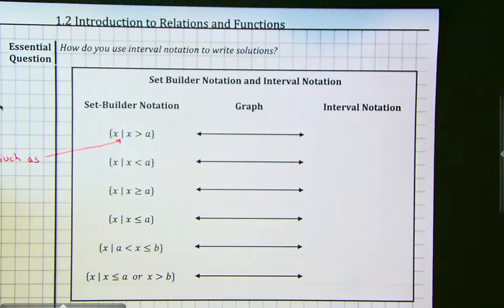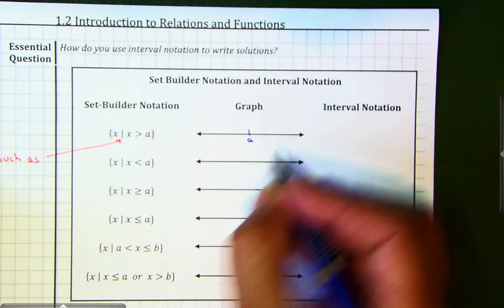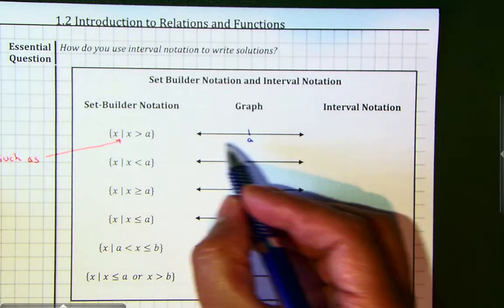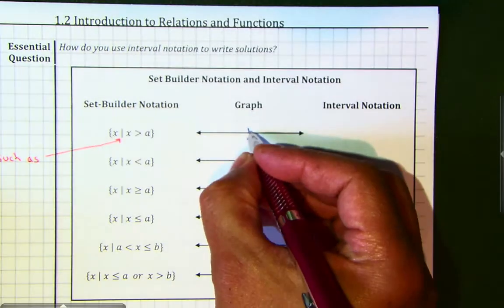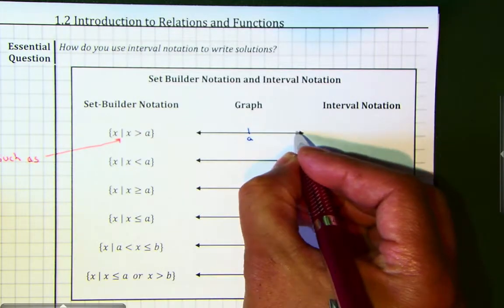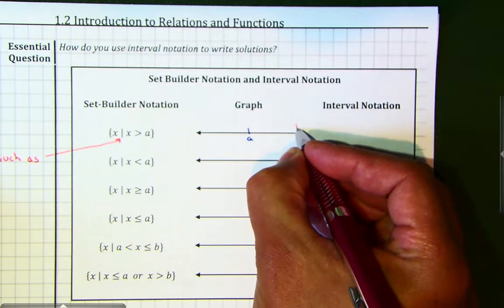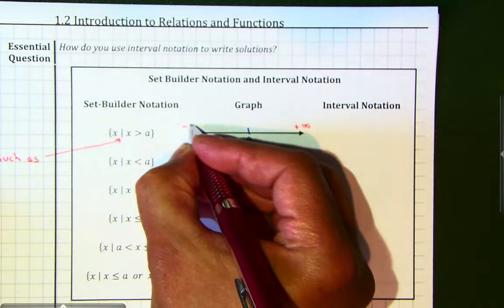And to graph it, we are going to place A in the center. Zero can be on the left or on the right. We know the positive infinity, all the numbers to the right are greater, so this is positive infinity all the way to the right, and on the left we're going to write down negative infinity.